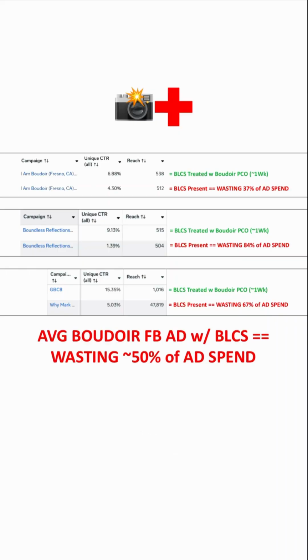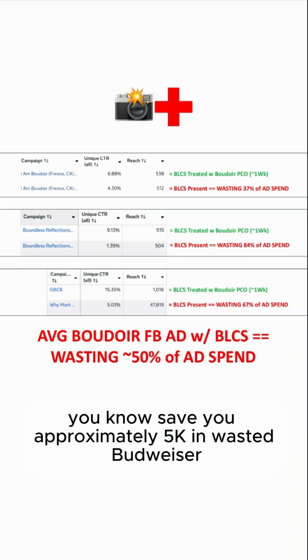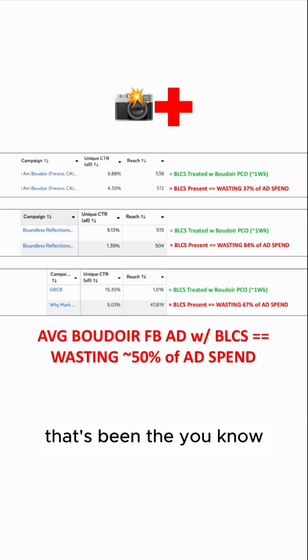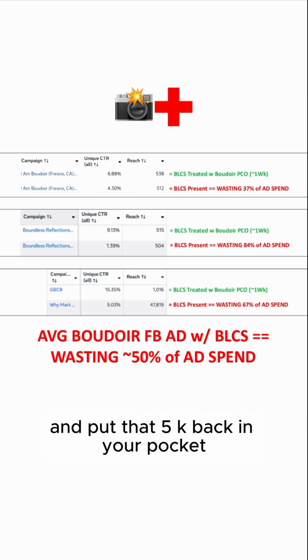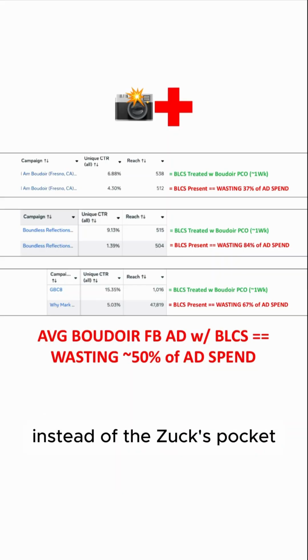And you see Boudoir Pico can save you approximately 5K in wasted Boudoir ad spend. Eliminate that, about half the ad spend being wasted, and put that 5K back in your pocket instead of the Zuck's pocket. And that'd be approximately 60K over the next 12 months.